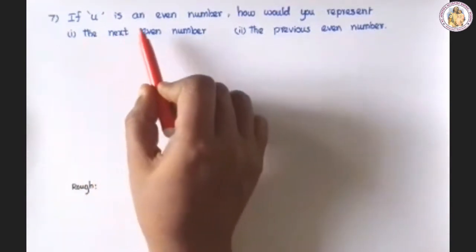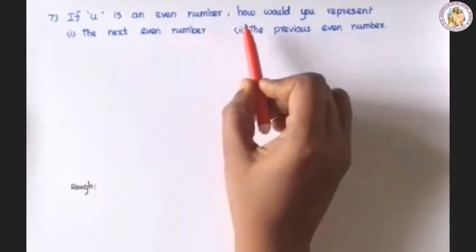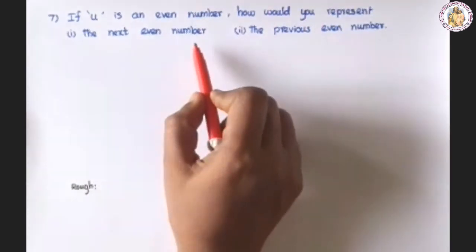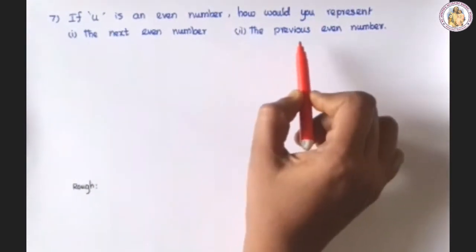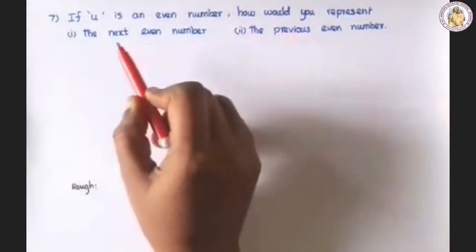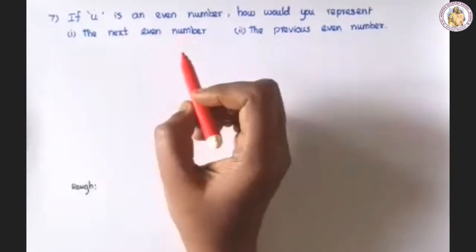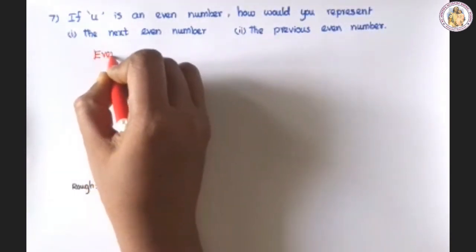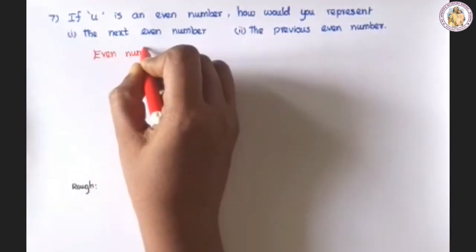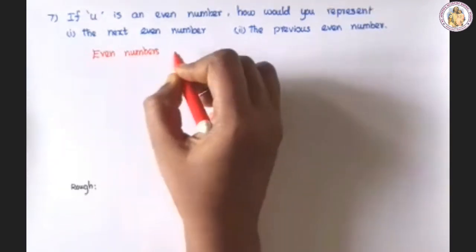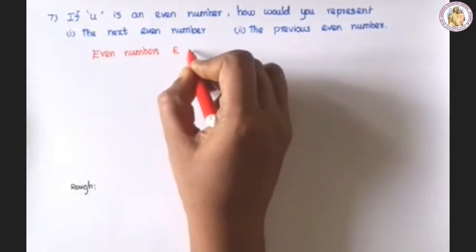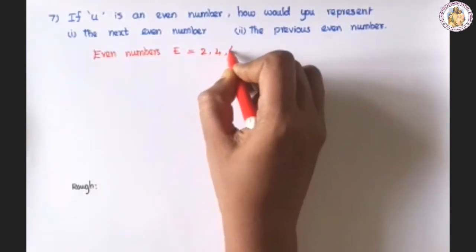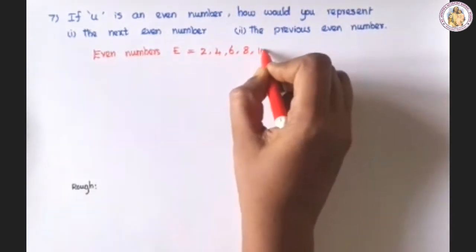Listen, the seventh one. If u is an even number, how would you represent the next even number, and the previous even number? Listen, if u is an even number, what are the even numbers first? Even numbers are 2, 4, 6, 8, 10.